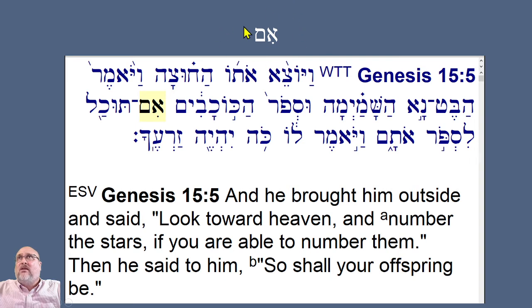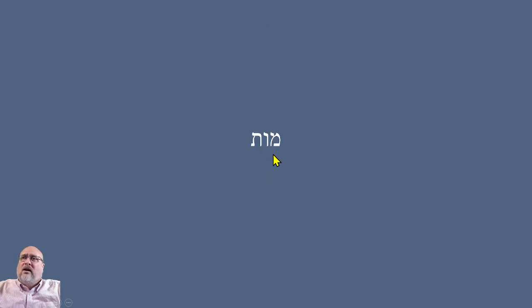But maybe this word, if you are able, maybe it'll help you remember that word. Mavet or moot, I'm not exactly sure how you're supposed to say this as a verb, but it means die.